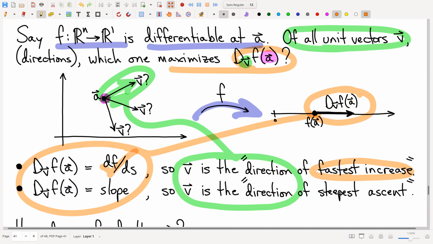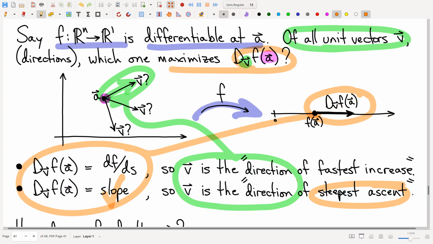Now, alternatively, also perfectly reasonable, maybe we're looking at a graph. Not here, by the way. I'm not drawing a graph here. Sometimes I don't want to draw a graph. Sometimes I can't draw a graph. But hypothetically, if you were drawing a graph, and thinking of the directional derivative as telling you the slope, and you found the direction that makes your slope as great as possible, that's telling you which direction goes uphill.